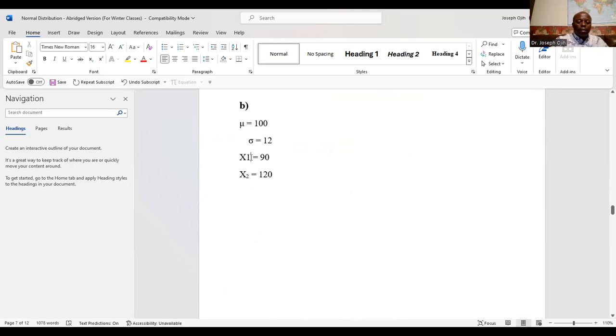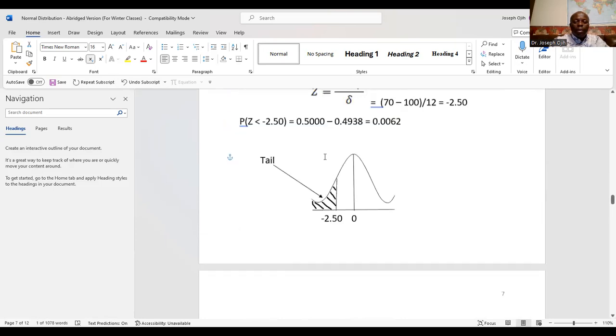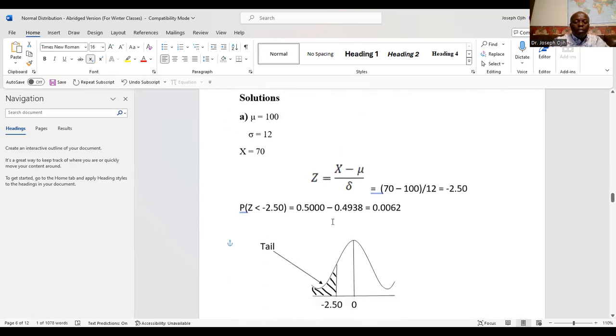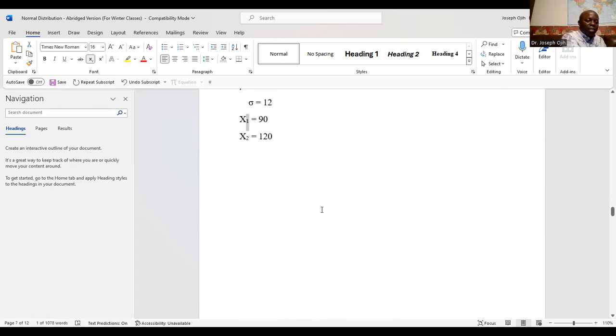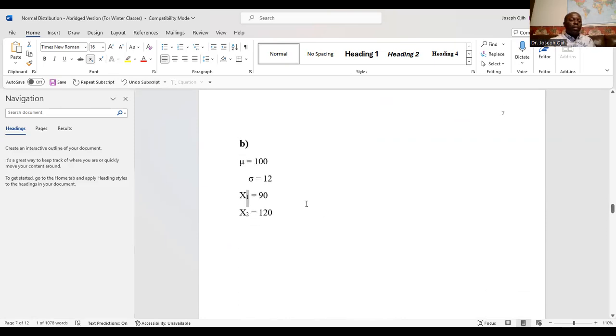To transform this, we need the same formula, modified a little bit. So I'm going to write this down: mu is 100, standard deviation is 12, x1 is 90, x2 is 120.